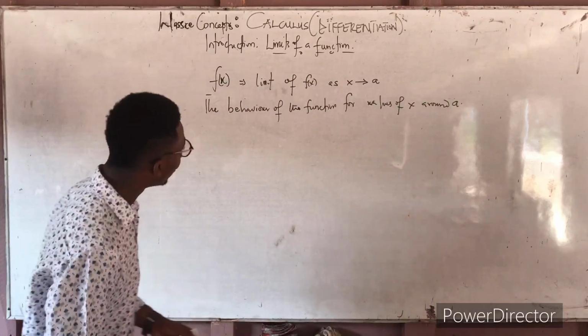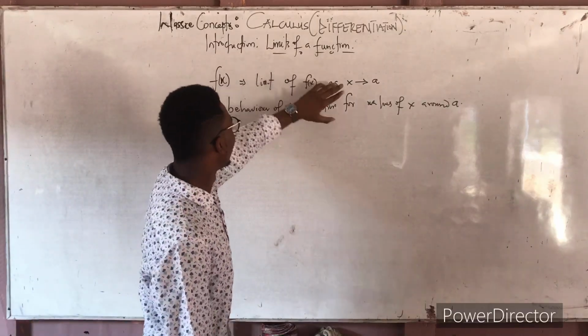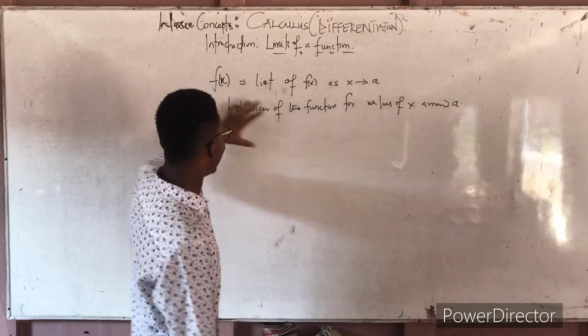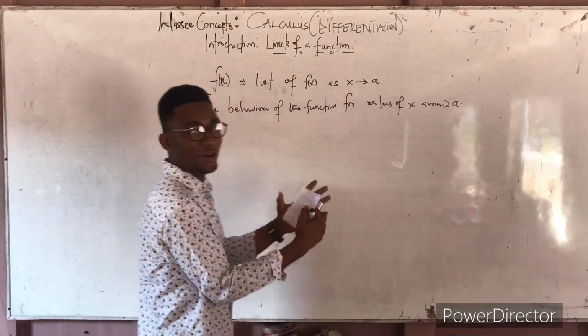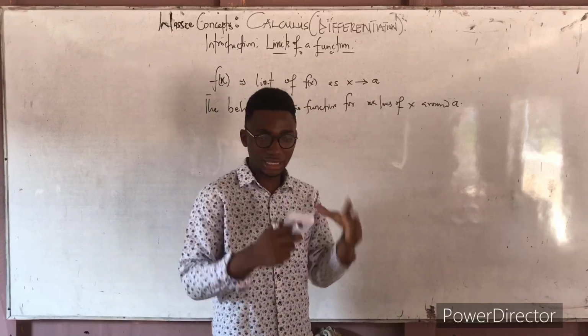So if you are given a function and you have to find its limit as x is approaching the constant a, then we are looking at the behavior of that function for the values of x around a.